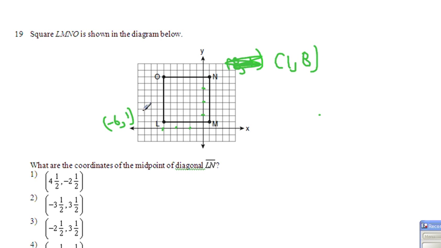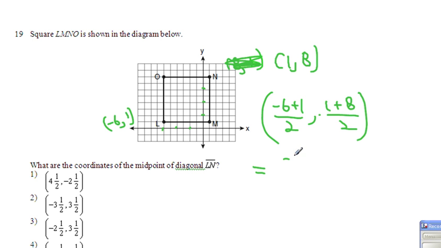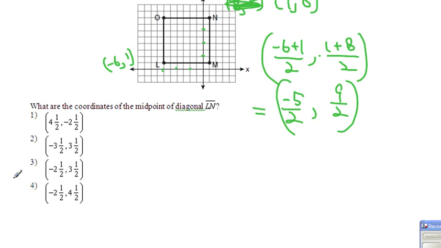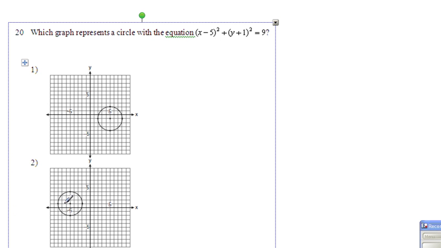So then, when we put them together, the -6 plus 1 over 2, that's the x value, and y value becomes 1 plus 8 over 2. Then we end up getting -5 over 2 and 9 over 2. That becomes our final. Then, this seems to be choice number 4.